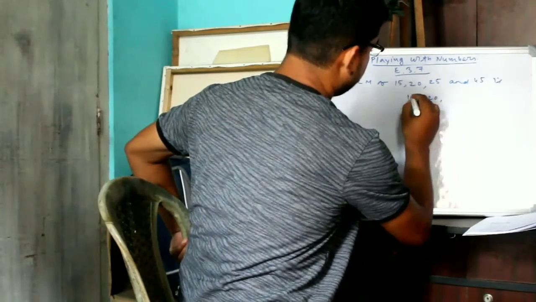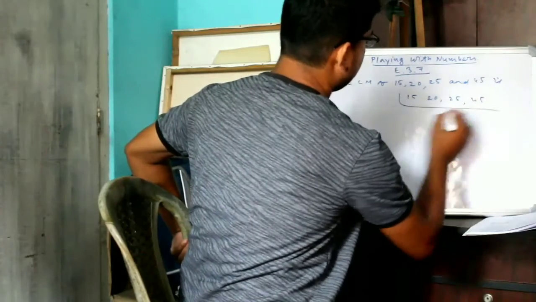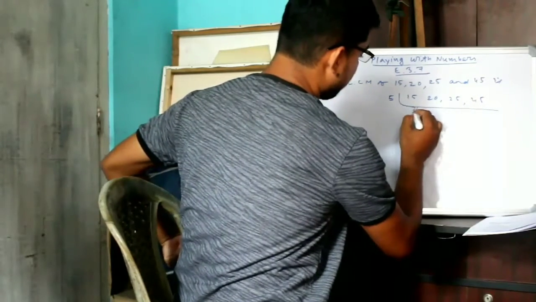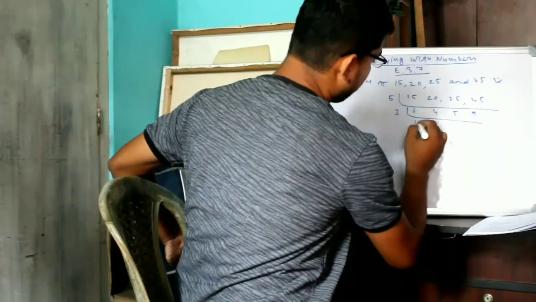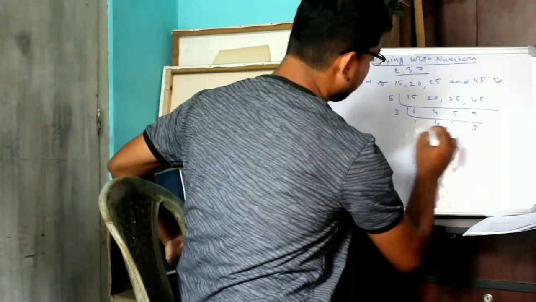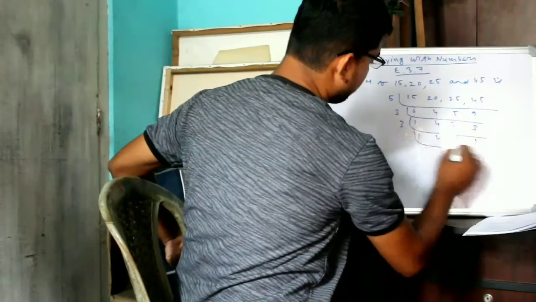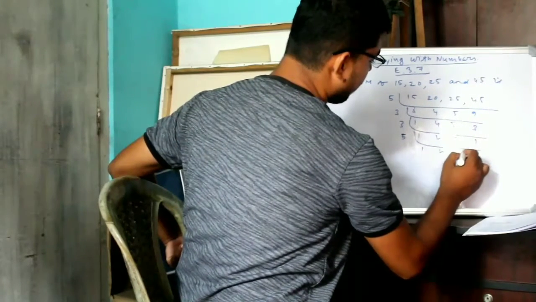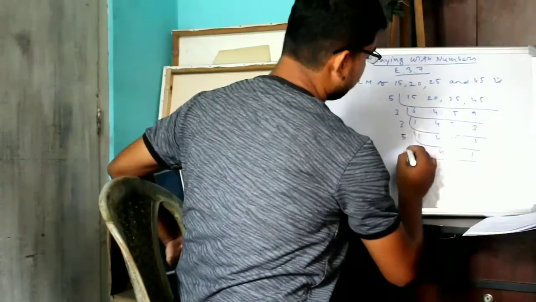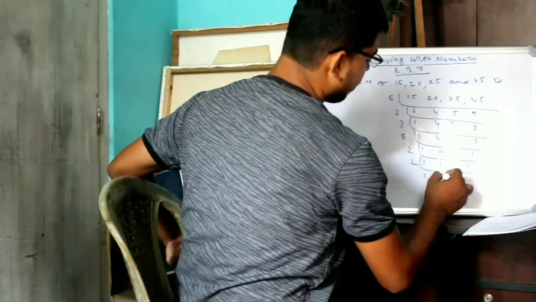You just divide by 5: 3, 4, 5, 9. Again by 3: 1, 4, 5, 3. Then again 3: 1, 4, 5, 1. Again 5: 1, 4, 1, 1. Again 2: 1, 2, 1, 1. Then 2: 1, 1, 1, 1.